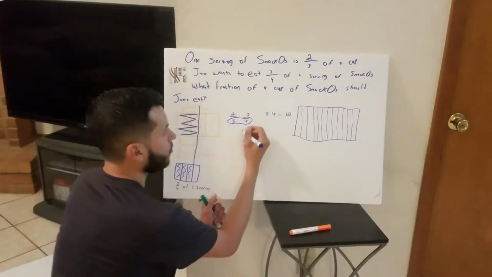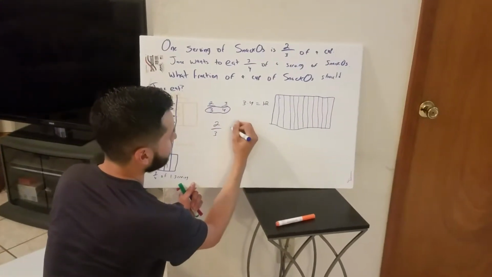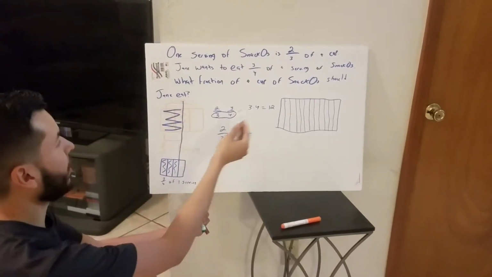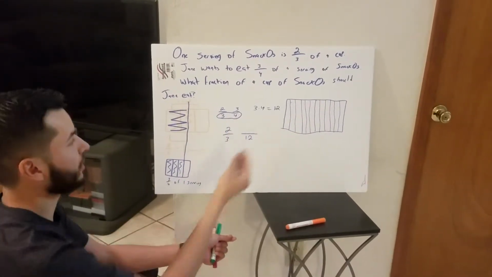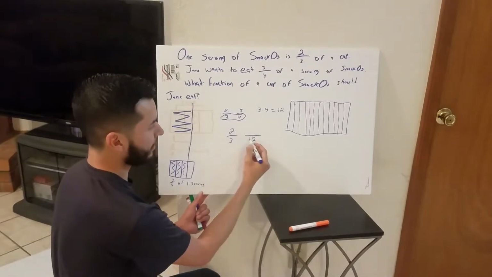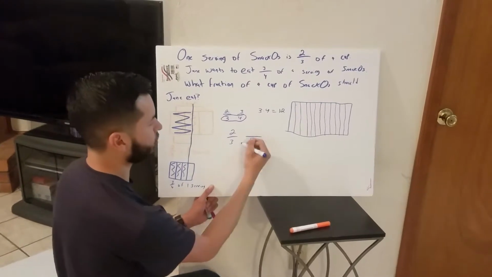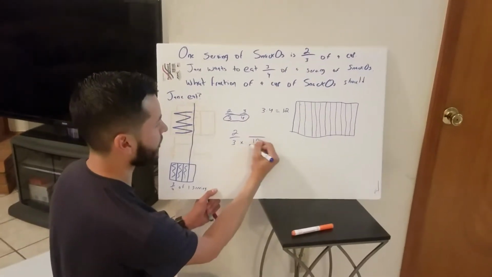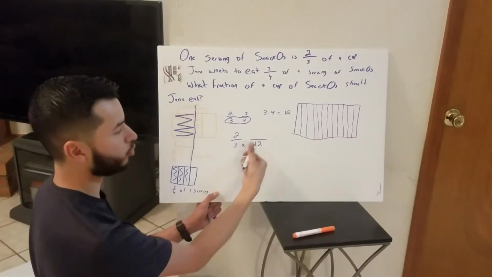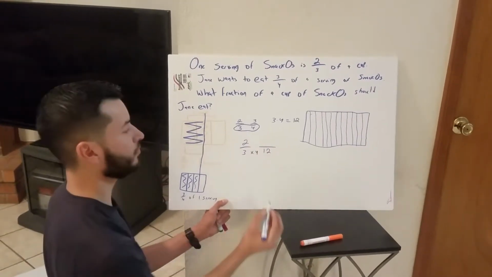So we want to know what 2/3 is in 12ths in order to shade the correct region, the equivalent region of the 2/3. So we know that in order to find this answer, we would have to see what times 3 gives us 12. Or we could do 12 divided by 3, which we know is 4. So 3 times 4 gives us 12.